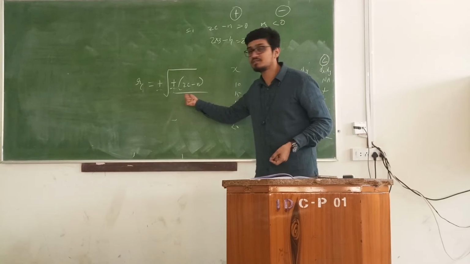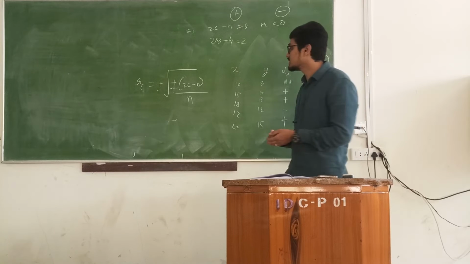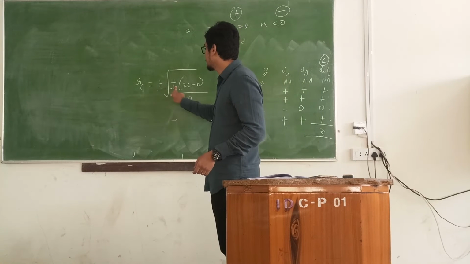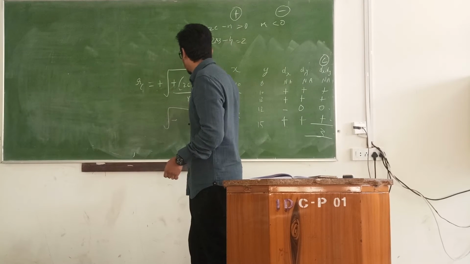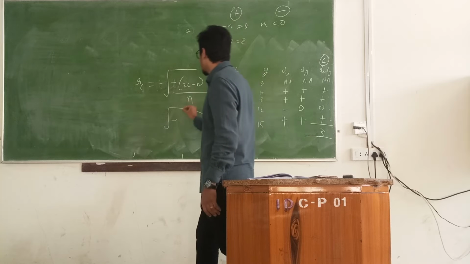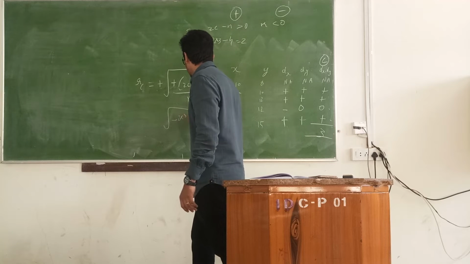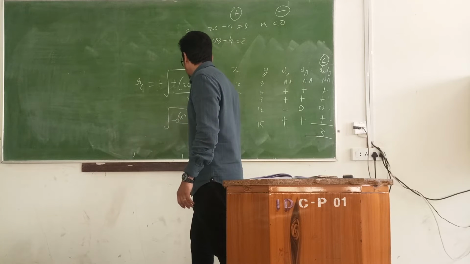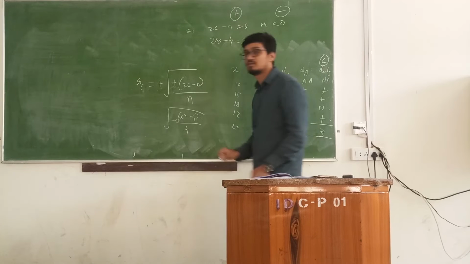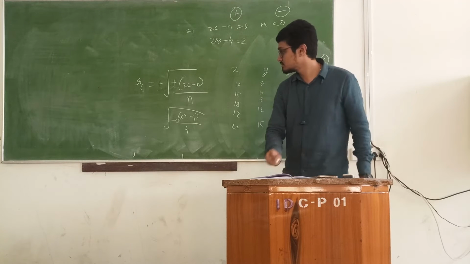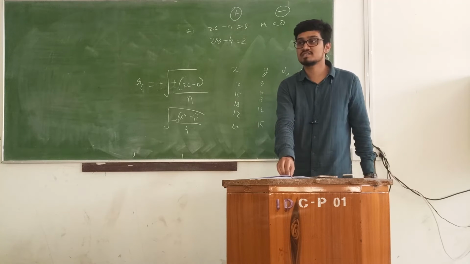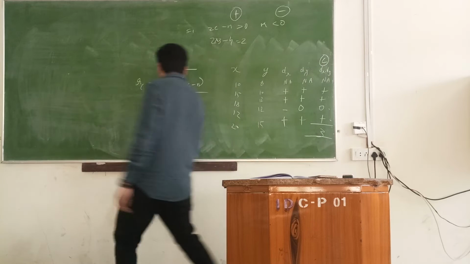Now can someone tell me the answer for r_c? Now you consider only plus. It will be square root of (2c minus n) divided by n. 2c is 2 into 3 minus 4, divided by 4. 6 minus 4 is 2, by 4, this is 1 by 2, root of 1 by 2. Correct now?